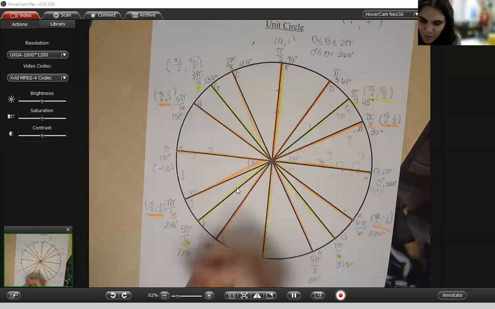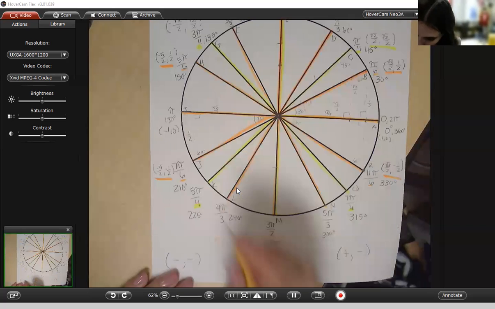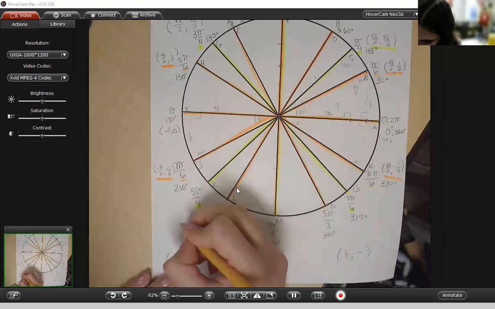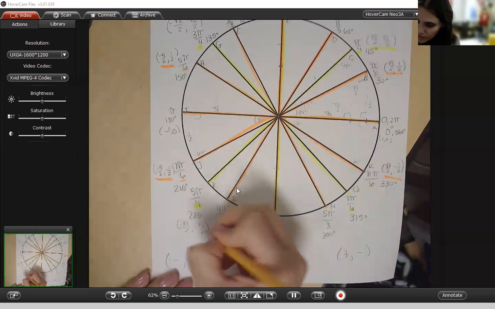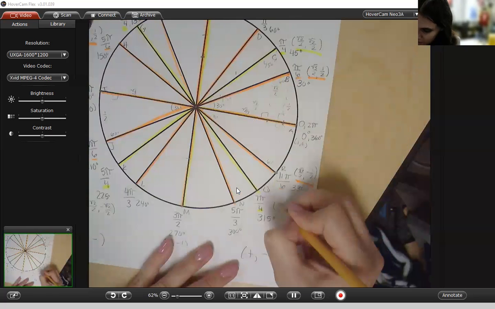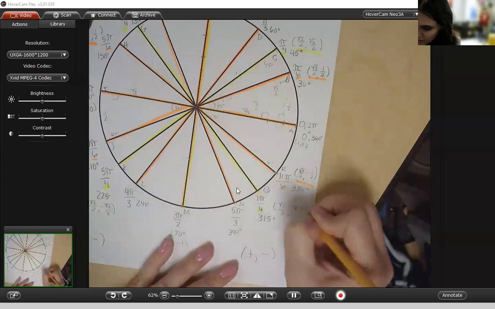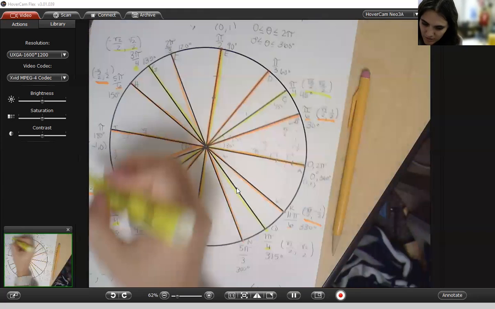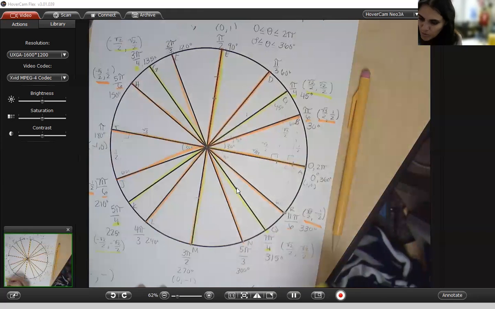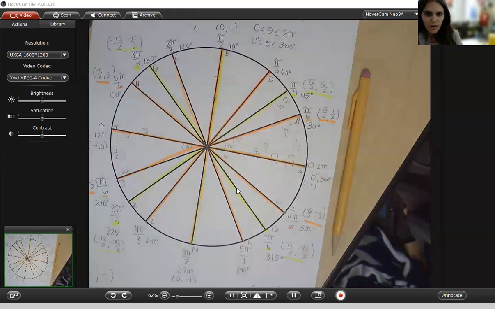Down here they're both going to be negative, so I'll have negative rad 2 over 2, comma, negative rad 2 over 2. And over here, I'm going to have positive rad 2 over 2, comma, negative rad 2 over 2. Cool. All my ones with 4 are going to have rad 2 over 2, comma, rad 2 over 2.